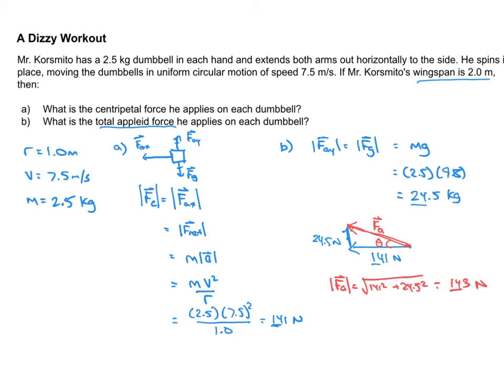And the angle will be the inverse tangent of opposite over adjacent. And that turns out to be 10 degrees. All right, so his total applied force is going to have to be 143 newtons.